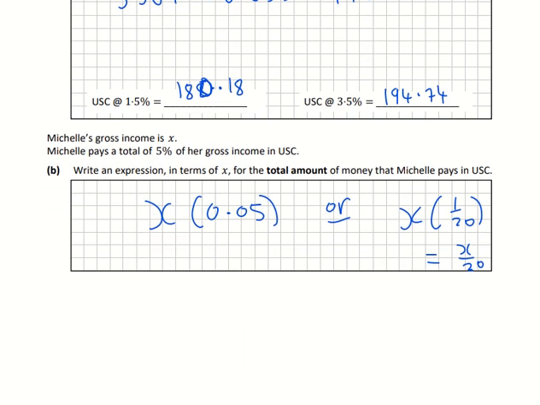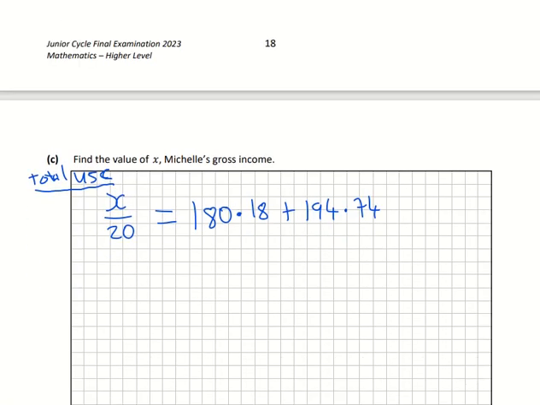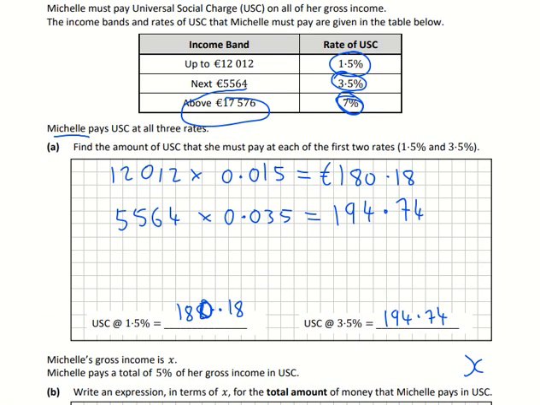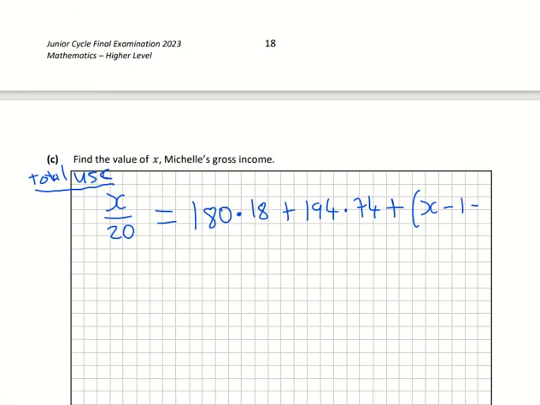We know her total wage is X. So the amount she pays at 7%, and this is the hardest bit to come up with, will be X minus the 17,576, and she pays 7% of that, so times 0.07.